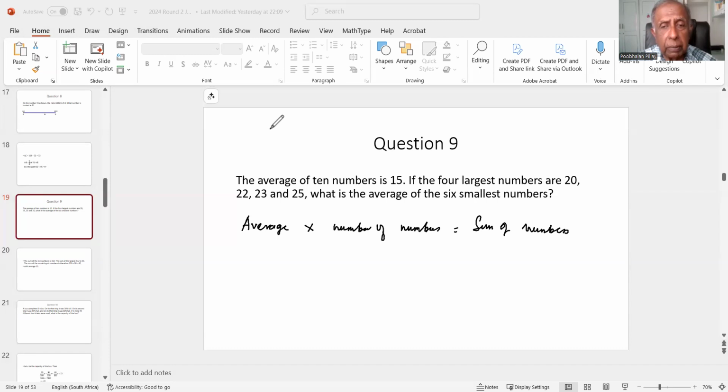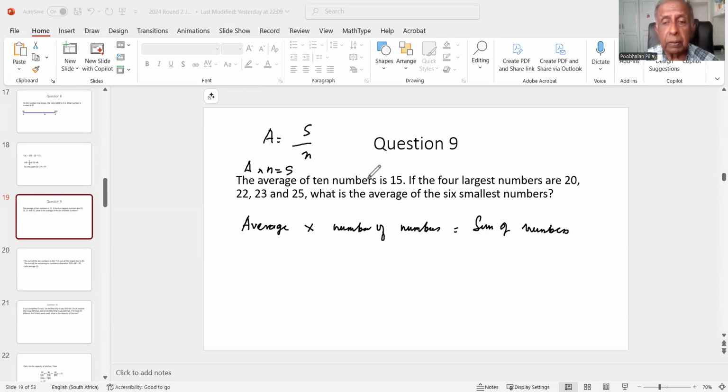Because how do you calculate the average? To calculate the average, you add everything up, we call that the sum, and divide by how many numbers you've got, so n numbers, right? So if you rewrite this, multiply on both sides by n, then you'll have a times n equals s. That's exactly what I'm saying. Average times the number of numbers is equal to the sum of the numbers.